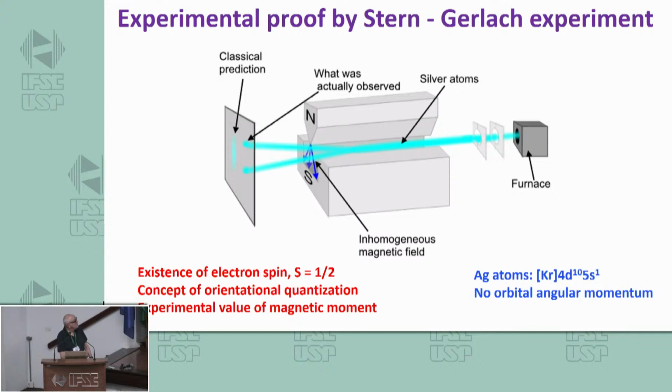So you could spatially separate the two spin orientations. So it's a state selection, quantum mechanical state selection by this magnetic field gradient.